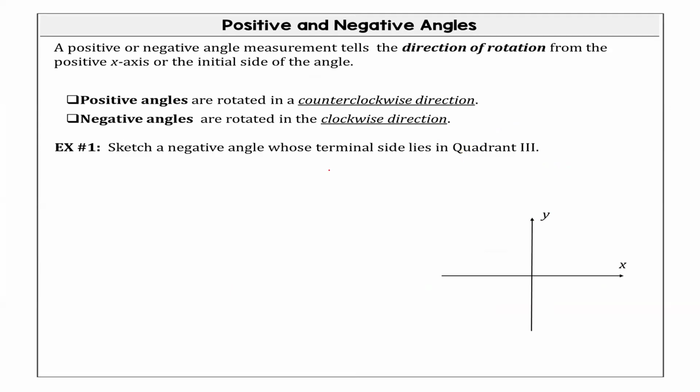Negative angles rotate clockwise, and they go through quadrants 4, 3, 2, 1. So when we talk about it, it's quadrant 1, then 2, then 3, then 4. When you're going clockwise, it's the opposite: 4, 3, 2, and then 1.